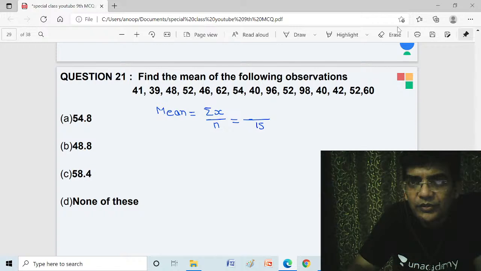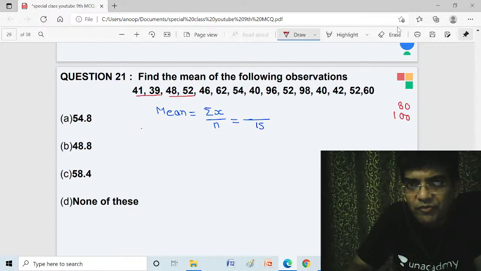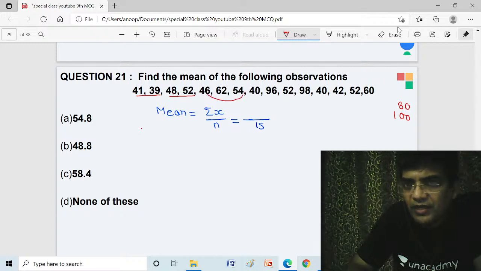Now this 46 and 54, I am adding these two first. That will give me 100, right? Next I am going to add these two. 62 and 40, that will give me 102.